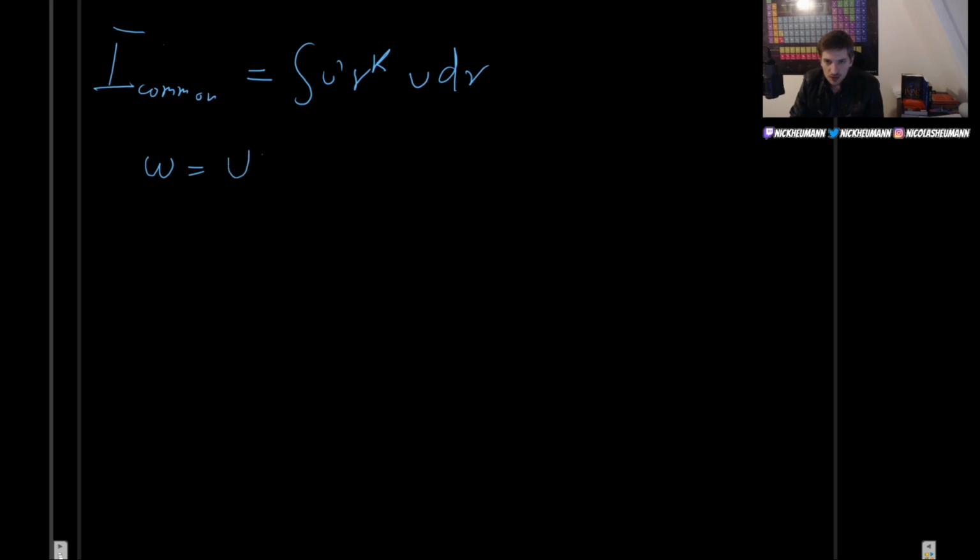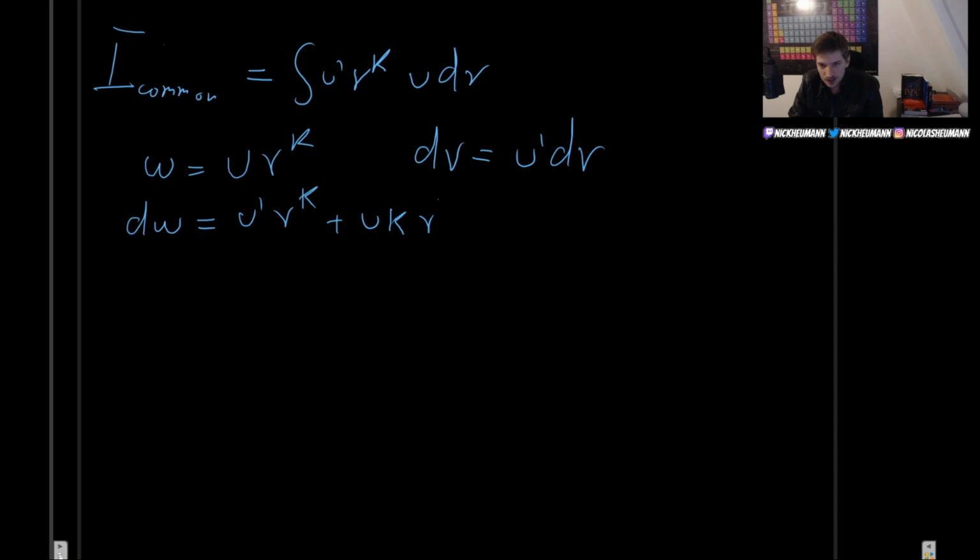So u r k, and then we take dv to be u prime dr, right? Let's see if this works. So what would this mean? This would mean that this would be u prime r k plus u times k times r to the k minus 1, and this right here would be u.